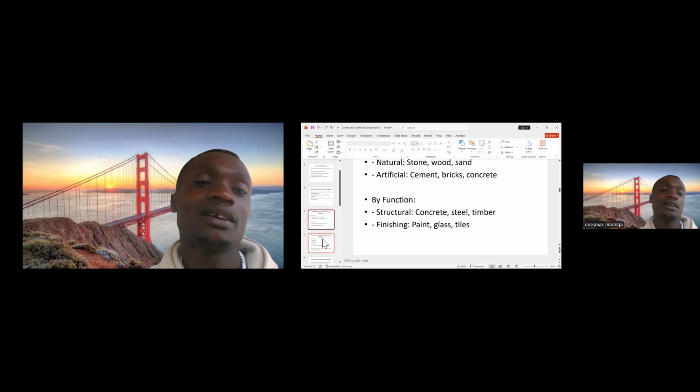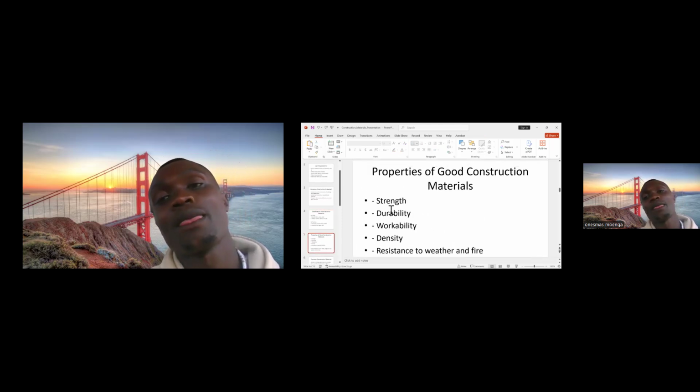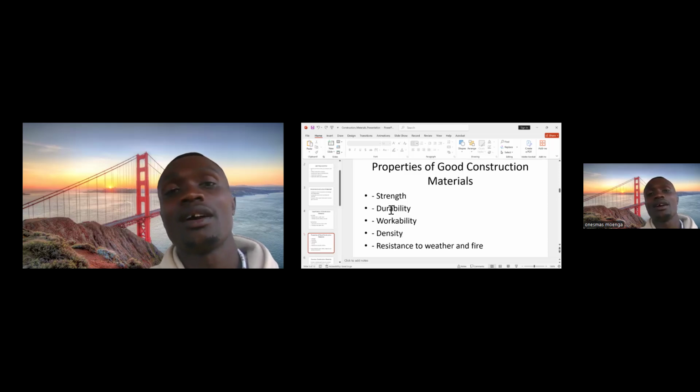Then we're going ahead to the properties of good construction materials. I would like you to type in the chat box what these properties of construction materials are.